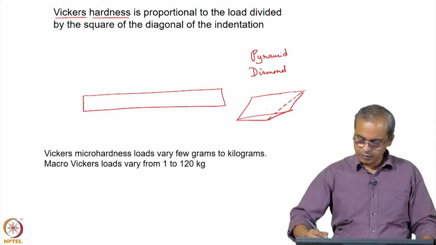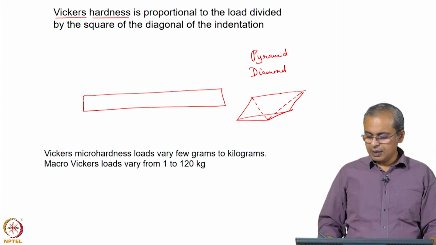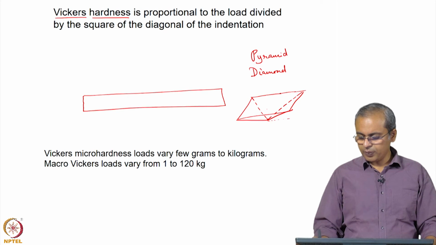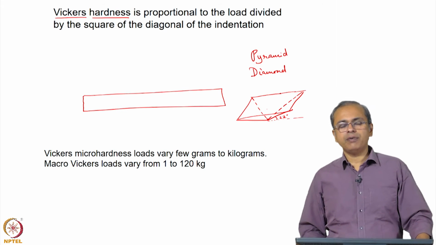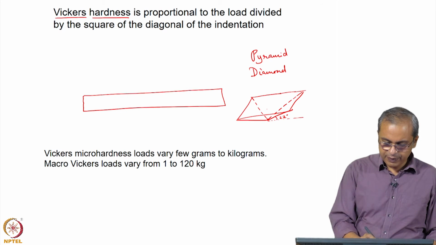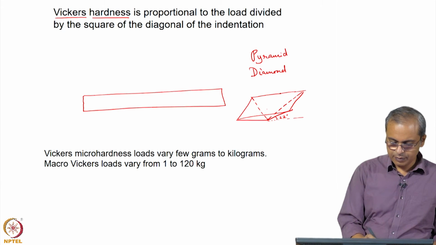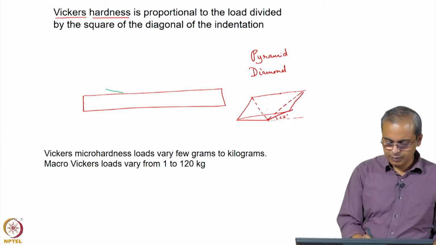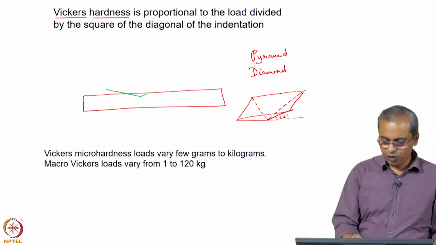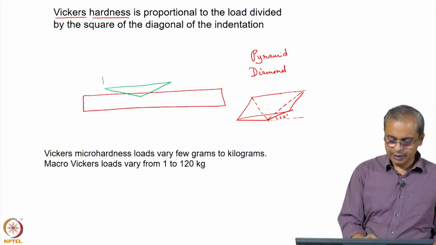So, that is the pyramid, and this pyramidal angle is set such that it is about 22 degrees. That is the angle that we have and that is the pyramid that you use. If you see it sideways, this pyramid will come here and form an indentation on the sample.